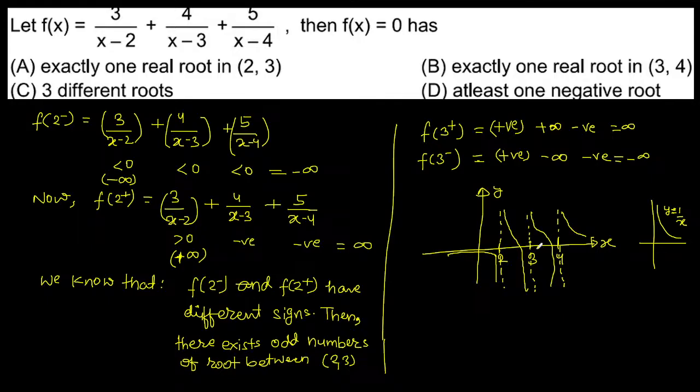Three different roots. At least one negative root. Exactly one root between 2 to 3. Exactly one root between 3 to 4. So I am getting A and C as answer.